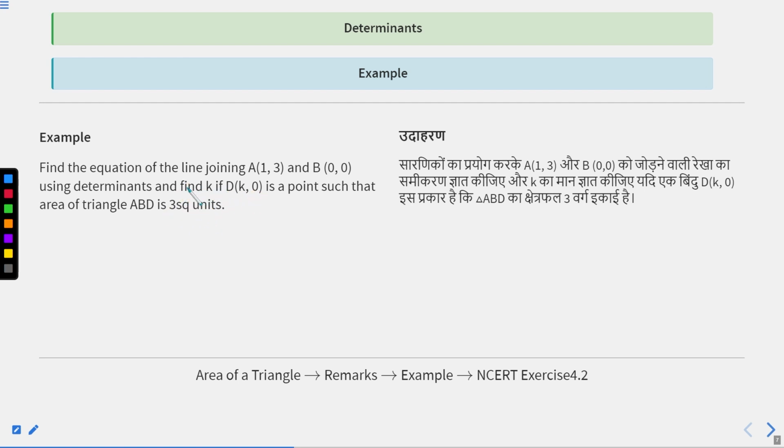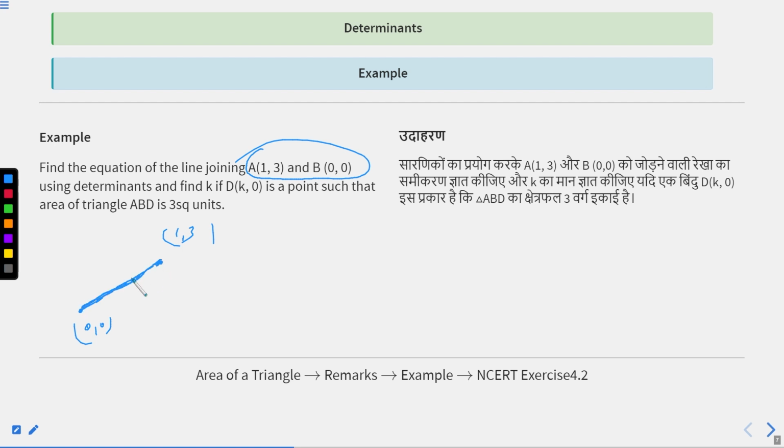So what is the first part of this question saying? We have to find the equation of the line joining A and B. You have a point A which is (1, 3), and another point B which is (0, 0). So you have to find this equation.